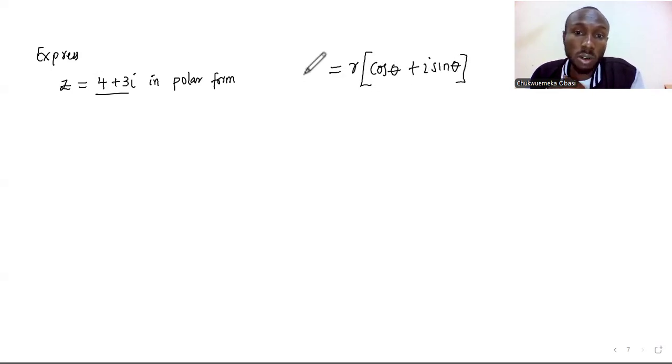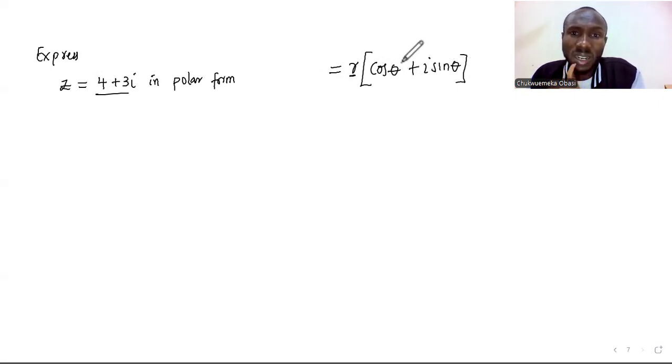That is how to write a complex number in its polar form. r is called the modulus, or the magnitude, and theta is called the amplitude, or the argument.